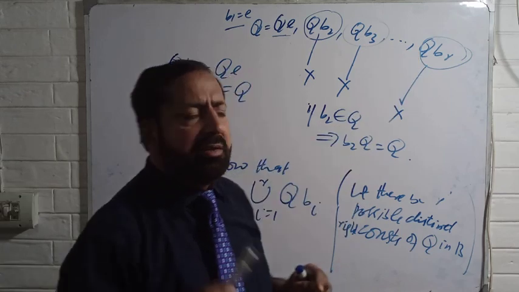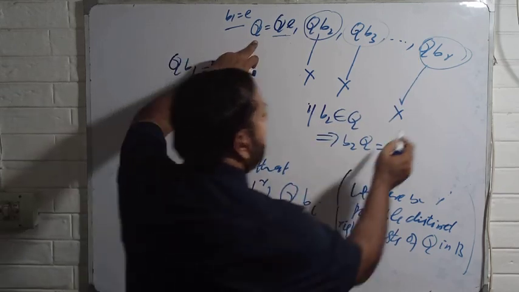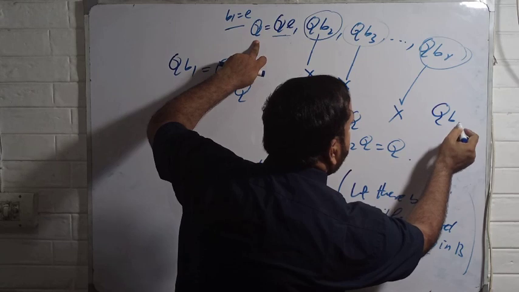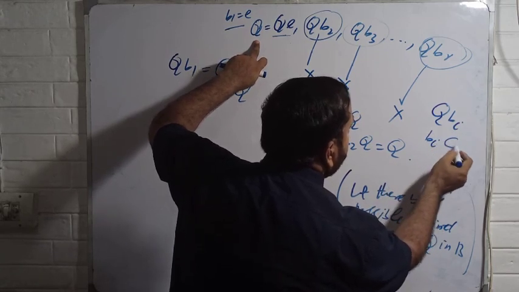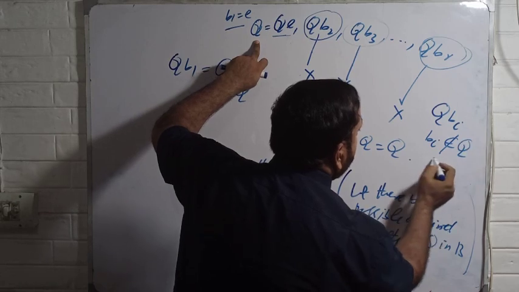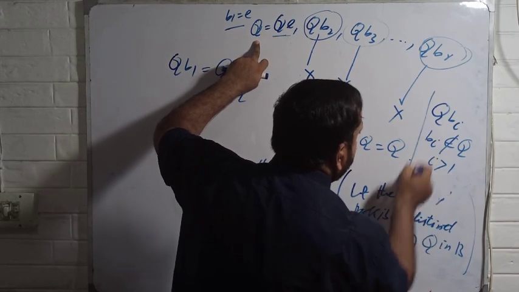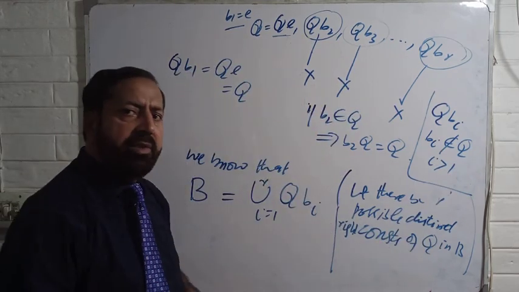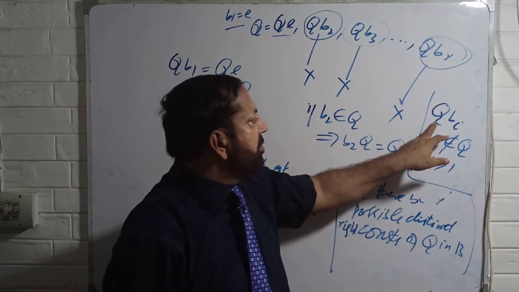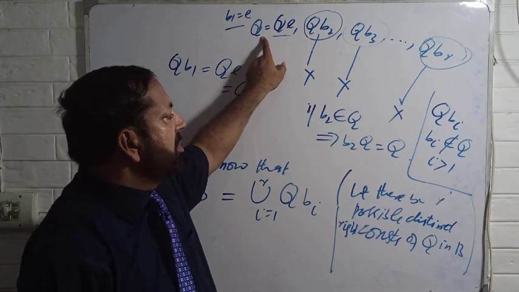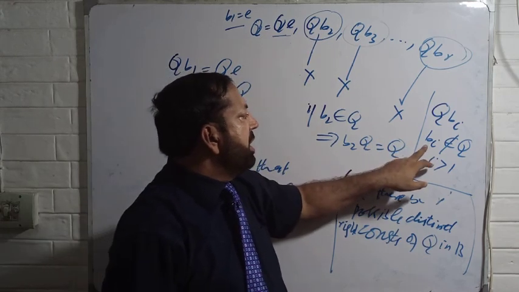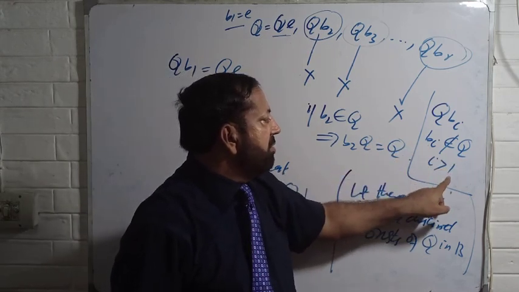This means that if you are writing QBi, then Bi does not belong to Q when i is greater than 1. This is what I am saying. If you take QB2, QB2 is different from Q, so this means that Bi does not belong to Q when i is greater than 1.